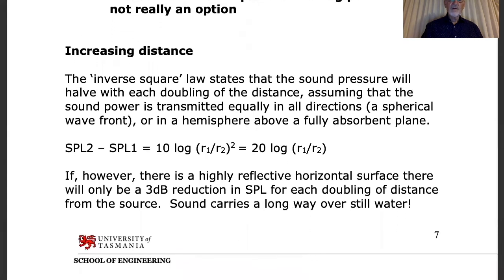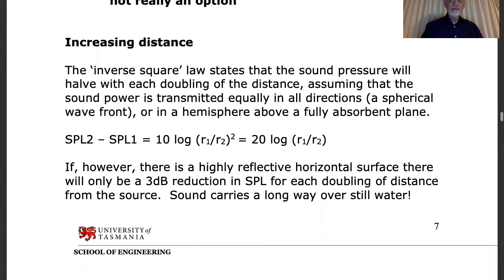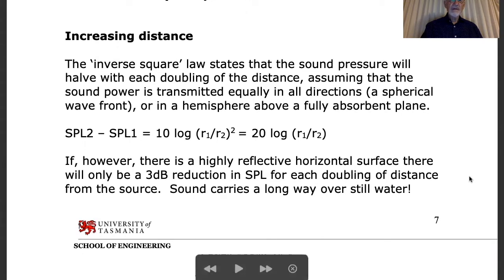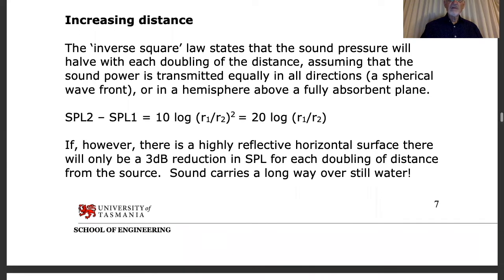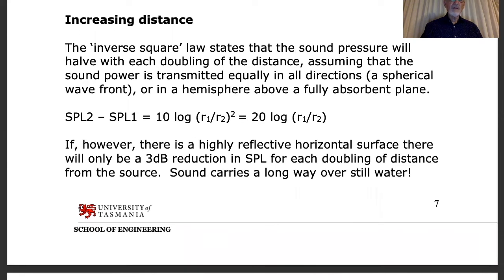There's the inverse square law, and if you had a sound transmitted equally in all directions, it would give you typically a 6 decibel reduction. 20 log R1/R2 is 20 log 2, which is about 6.